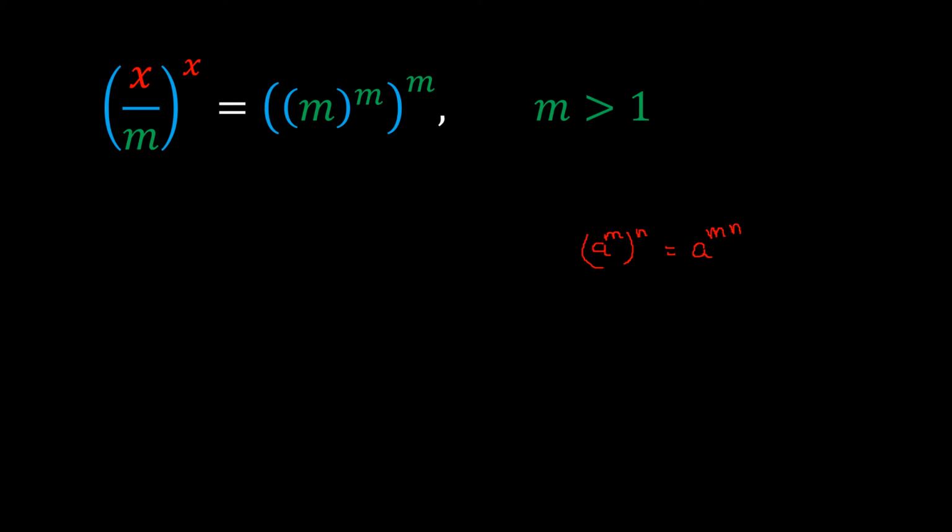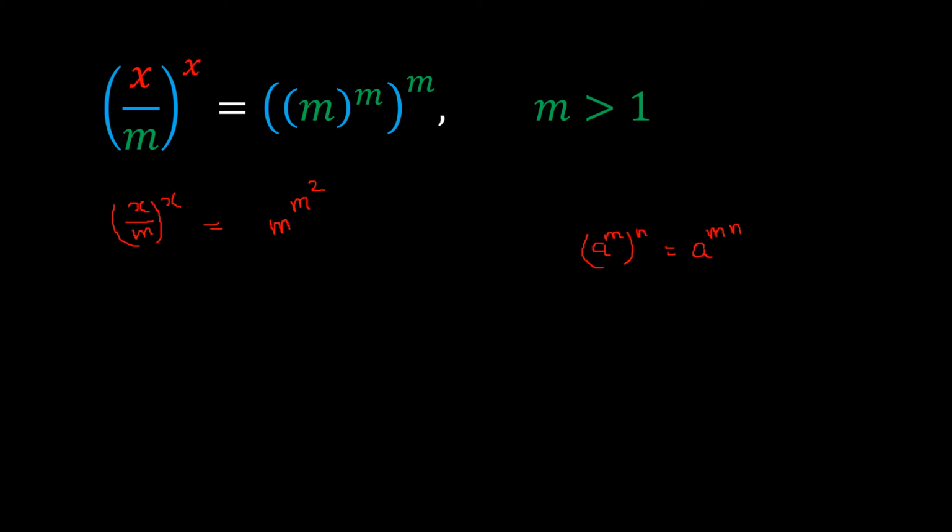By using this, the whole equation will be converted into (x over m) whole raised to power x equals, and m times m makes it m squared, so that will be m raised to power m squared.